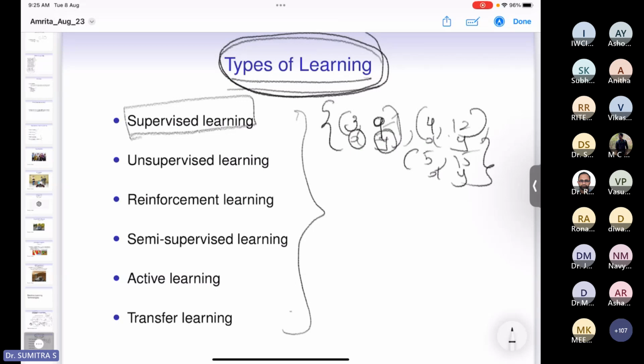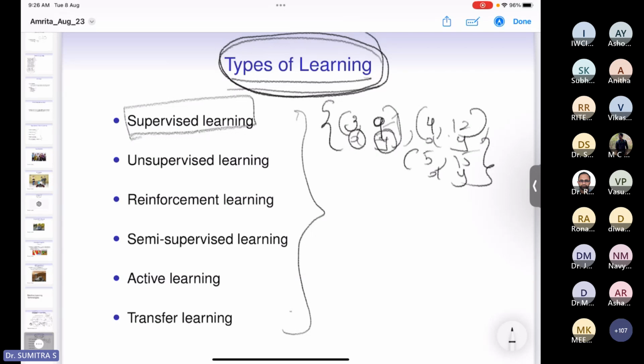For example, if you want to teach a child the natural numbers, I write 1, 2, and say this is 1, this is 2, this is 3. I write it on the board. So the next day, even if I write the 1 in a very different way, the child may still be able to understand that this is 1. We cannot write the letter in the same way each and every time.